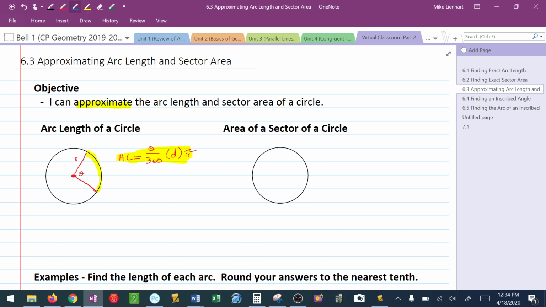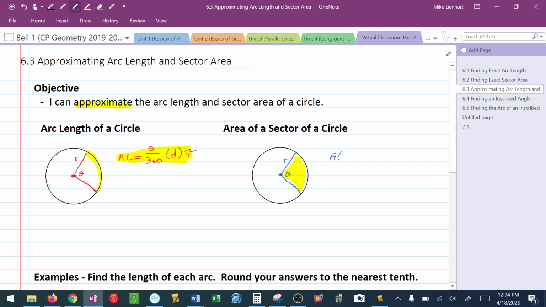The second formula that we've been working on is the area of a sector. Remember, a sector is created by a central angle, and this would be finding the area of all this region, kind of the wedge, if you will, or the piece of the pizza, as we've said before.